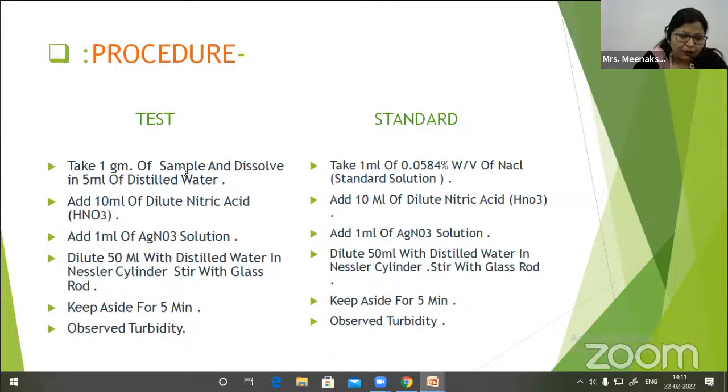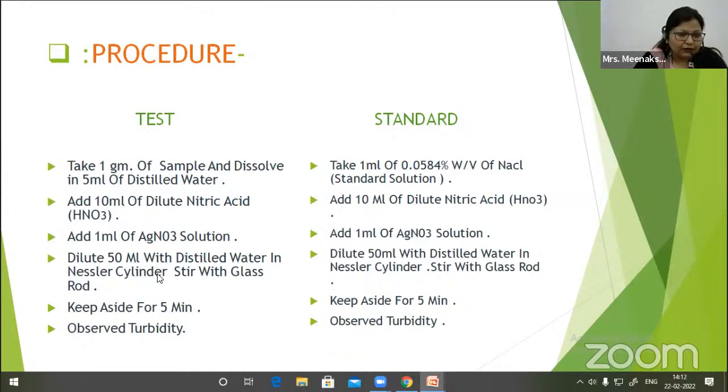And how much of the sample needs to be dissolved in water is also given in the official books. So here we are taking 1 gram of the sample and dissolving it in 5 ml of distilled water. Then to the test solution we add dilute nitric acid, then we add 1 ml of AgNO3 solution, that is silver nitrate, and we do this in the Nessler cylinder.